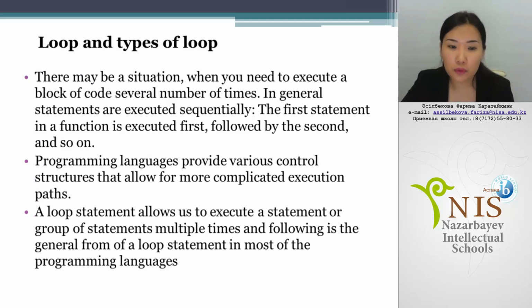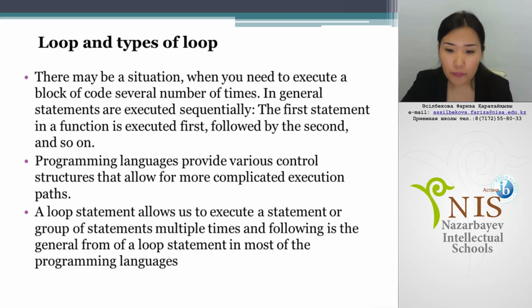Loops and types of loops. For what do we use loops? There may be a situation when you need to execute a block of code several times. In general, statements are executed sequentially. The first statement in a function is executed first, followed by the second, third, and so on.